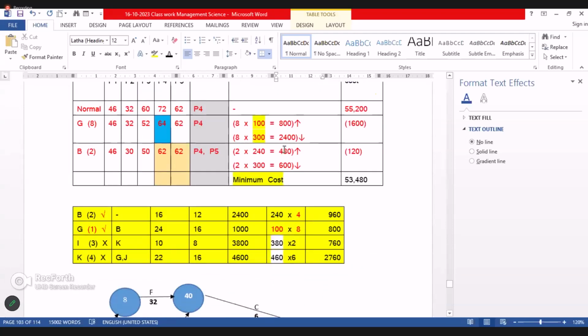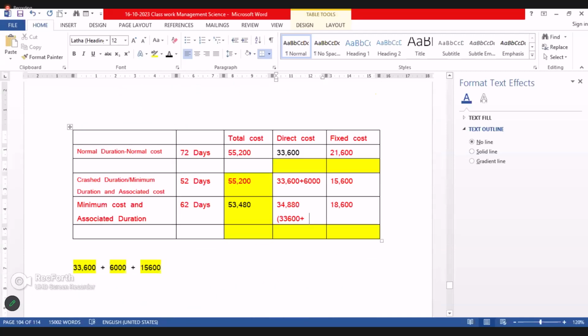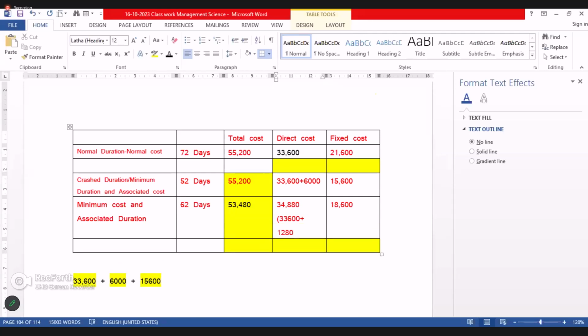The increase is 1,280, no? 1,280. 3,600 plus 1,280.